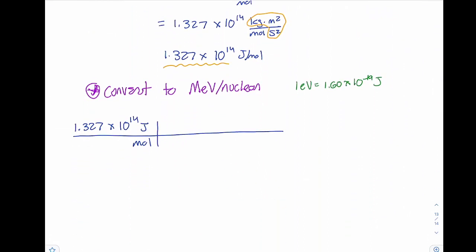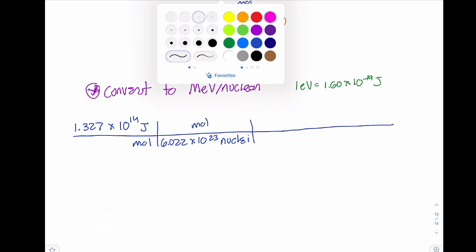Because I have moles on the bottom, moles are going to have to go on top, which means Avogadro's number is going to go on the bottom. So 6.022 times 10 to the 23rd, in this case nuclei per mole. Then moles are going to cancel out.